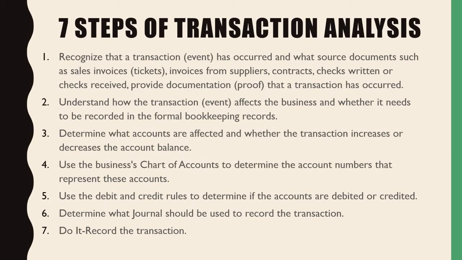So it's a lot of analysis when it comes to understanding, is this transaction even something that you need to record? Once you've determined and established some kind of mindset of which accounts you're going to place them in, that is where you're going to go ahead and use number 4, which is to use the business chart of accounts.